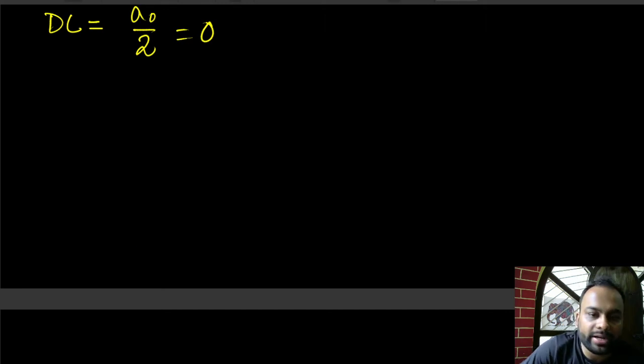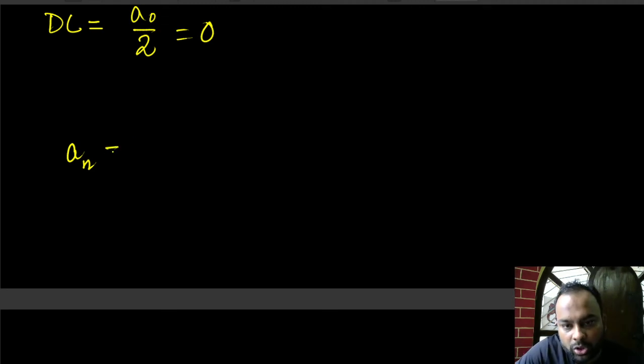So now let's calculate the coefficients of the cosinusoids, which are a_n. So we're calculating a1, a2, a3, etc., which are respectively the coefficients for the 1 radian per second, 2 radian per second, 3 radian per second cosinusoids. So how do I calculate that? I do this integration.